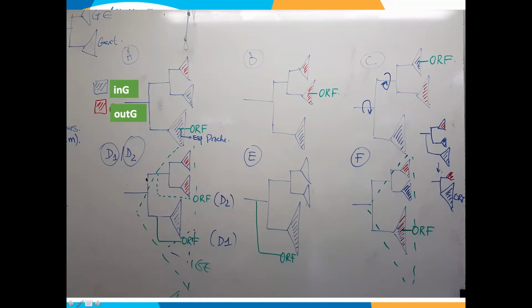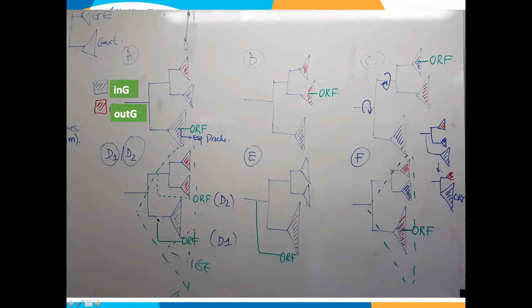So now move on to D1. In D1, you have the same tree here. You have here the in group, the out group, and then in the case of D1, you follow my mouse, your open reading frame came out here.